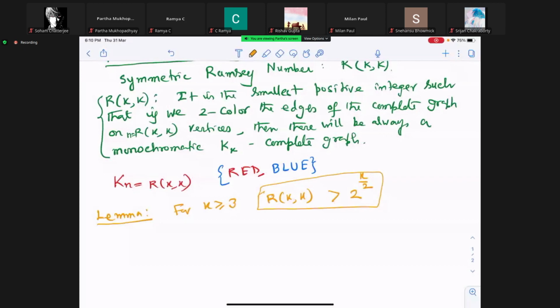Intuitively, if you start with a complete graph having fewer than so many vertices, then you can always color it in a clever way such that no monochromatic K_k will be obtained. There will be at least one such good coloring.